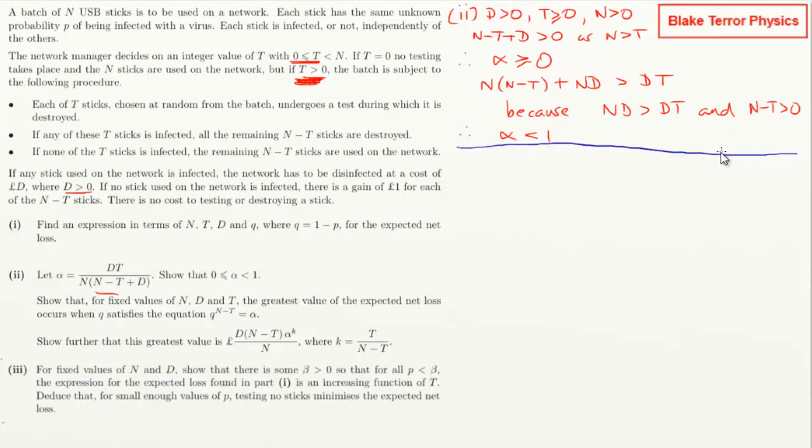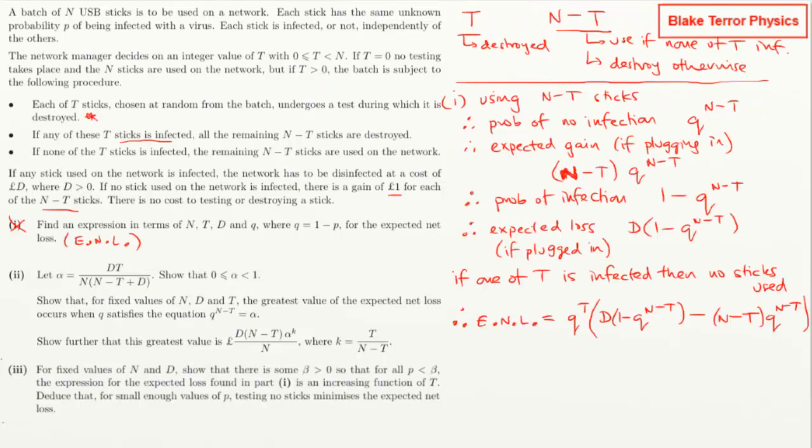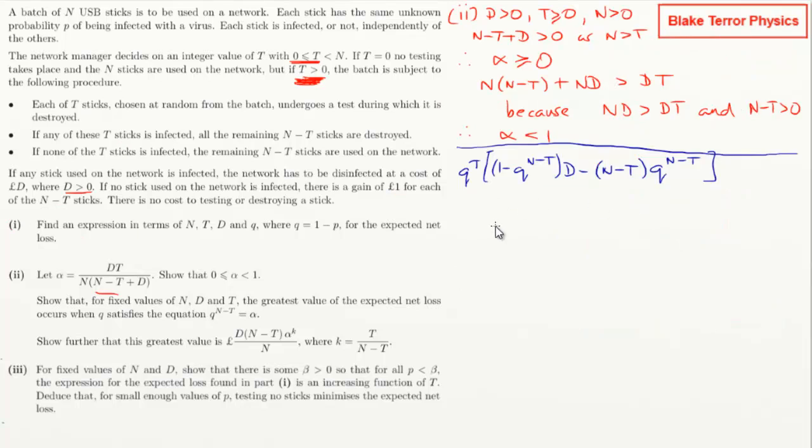It was a horrible looking thing, which was on the previous screen. I'll just pause things in order to copy all of this over, because that's quite a lot to copy across. So I don't want to be flicking between screens. Right, so that's the expected net loss that I worked out previously.